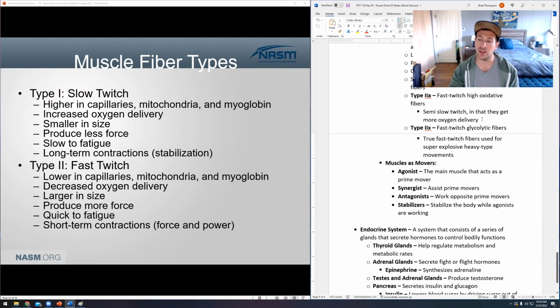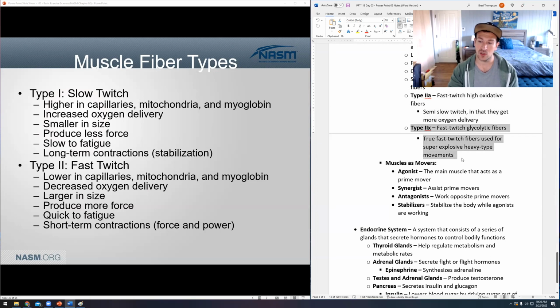These are usually the ones you think of when you think of field-based or court-based sports. It tends to be athletes who are strong, quick, powerful, but who also need to be able to play a full game. So they have a little bit of endurance. That's type 2A fibers. They're big, but not massive.